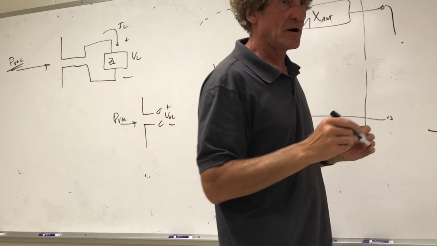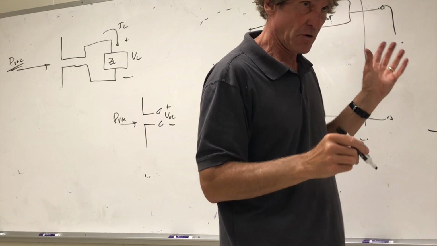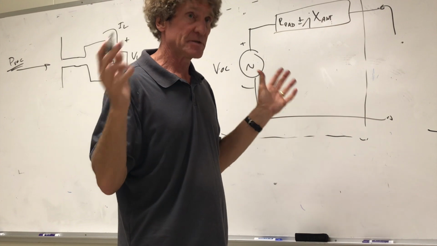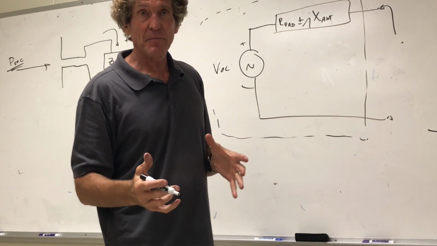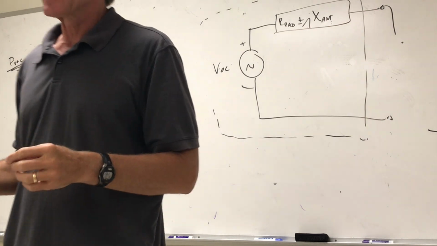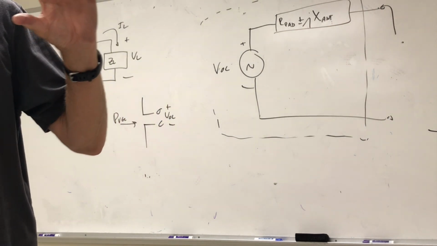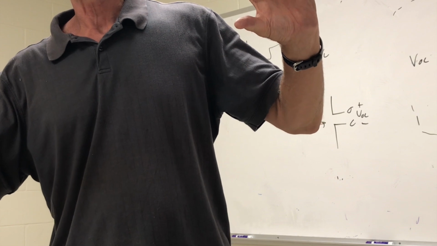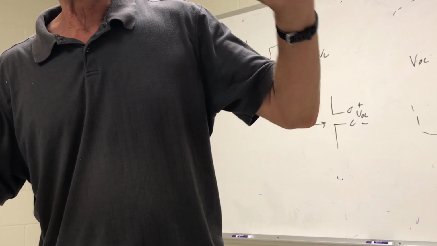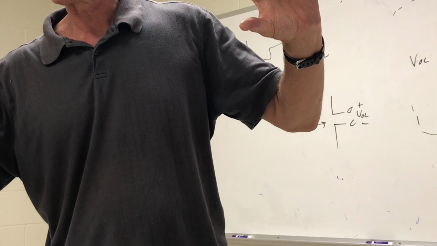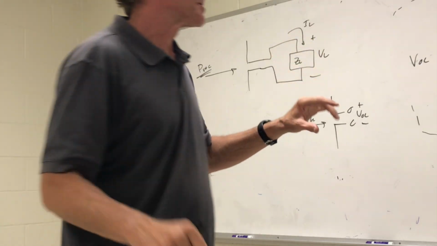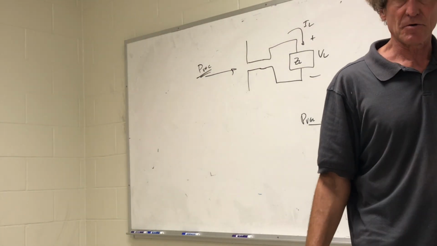But the load you're going to put on, in order so we can obtain the V open circuit, is going to be the load that will allow the maximum amount of power to be extracted. Follow me? Do you remember back when you had circuits, if you had a series impedance with a voltage source, and you wanted to put a load on there, or better yet, if you had a load and you wanted to put a series impedance that would maximize the power to the load for a given voltage source, do you remember how to do that? It's always the conjugate of the series impedance of the source.